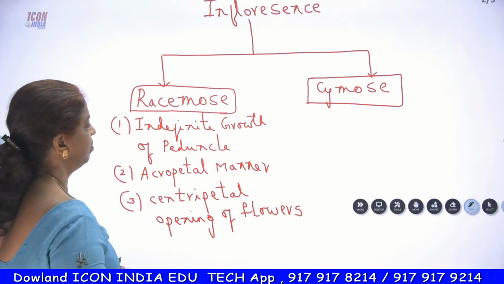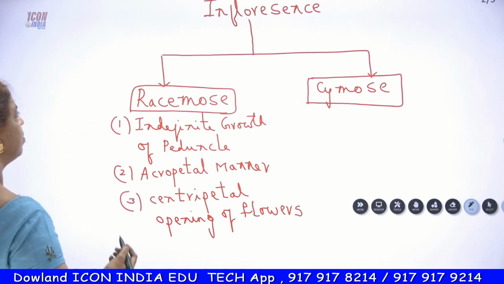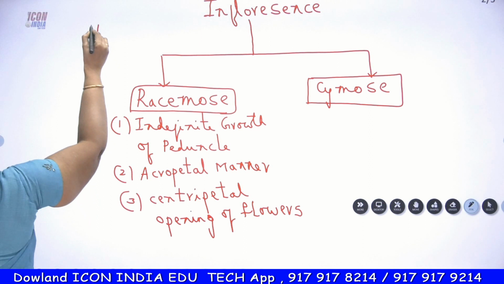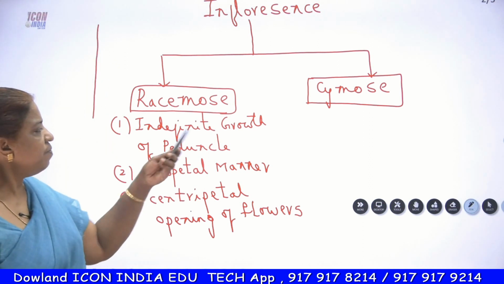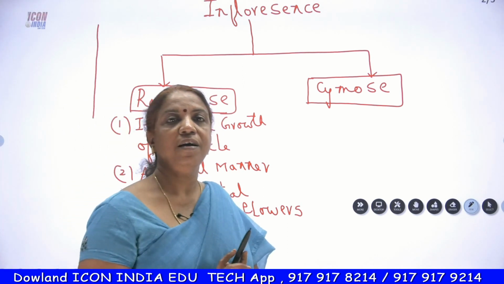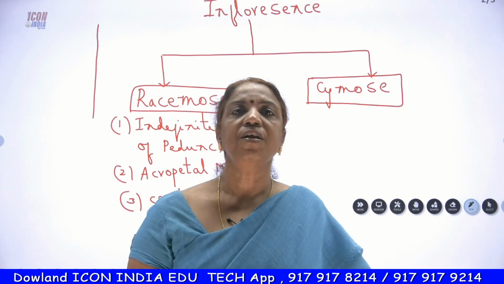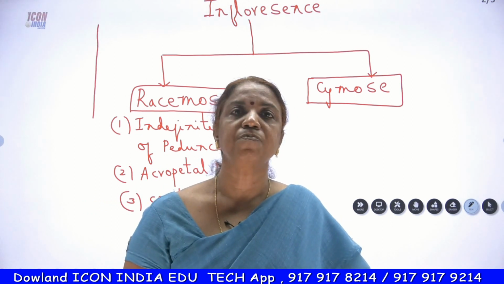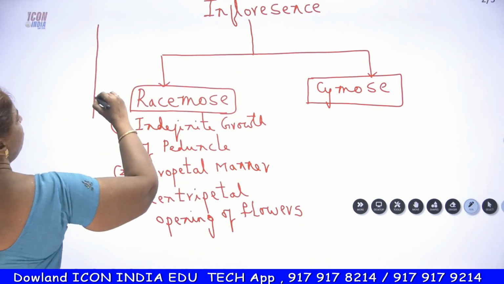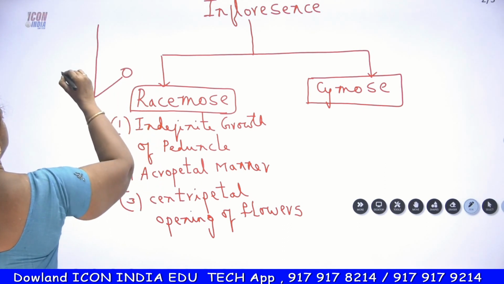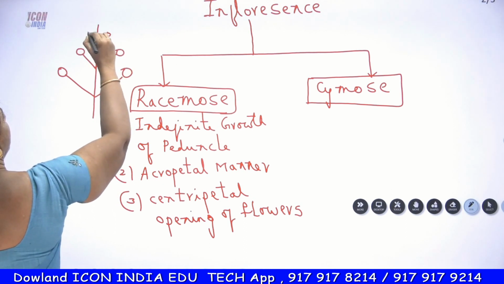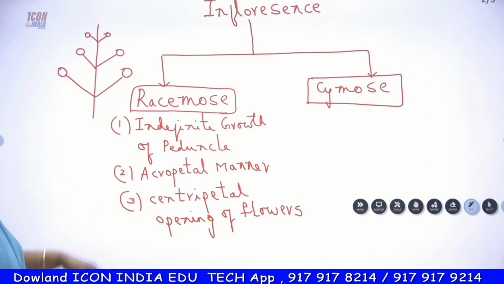Look here, the racemose inflorescence. The peduncle grows continuously, that is indefinite growth of peduncle. And what is the acropetal manner? The flowers are arranged in an acropetal manner. That means older flowers are present at the base whereas younger ones are present at the top.